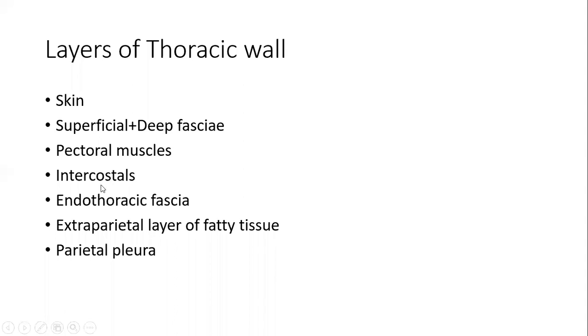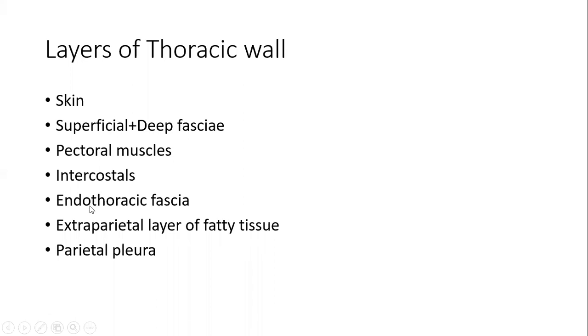So the space between two ribs is called intercostal space, right? And each of these intercostal spaces has its own contents in the form of intercostal muscles and neurovasculature.